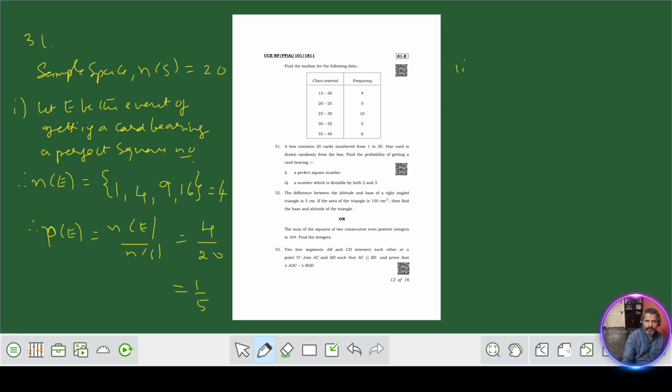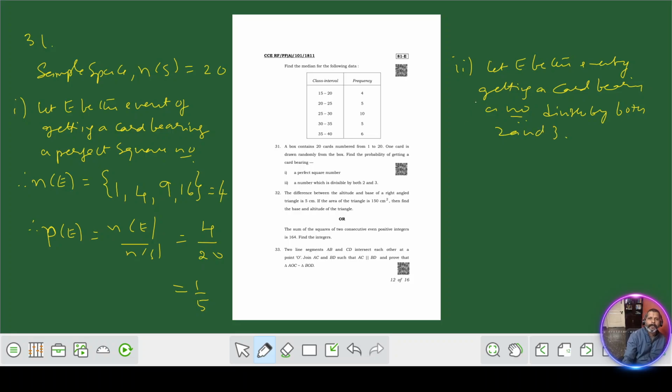Okay, next in the sub question, same way, let E be the event of getting a card bearing a number divisible by both 2 and 3.